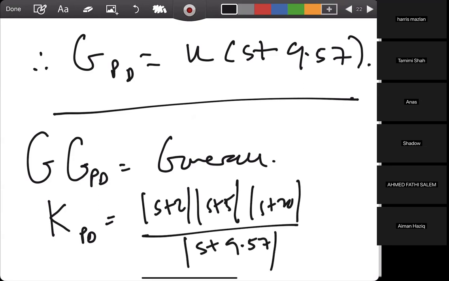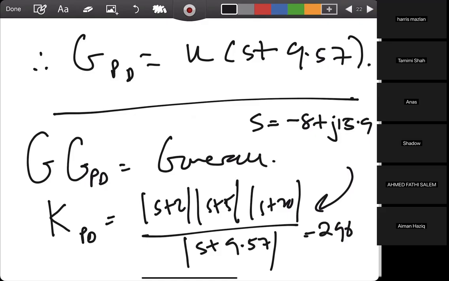So you insert S equals minus 8 plus j15.9 here, so you will get 20.296 as the KPD over here, okay.